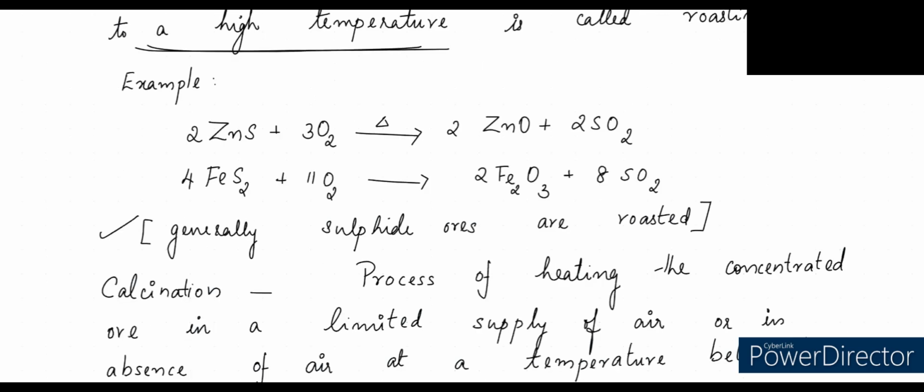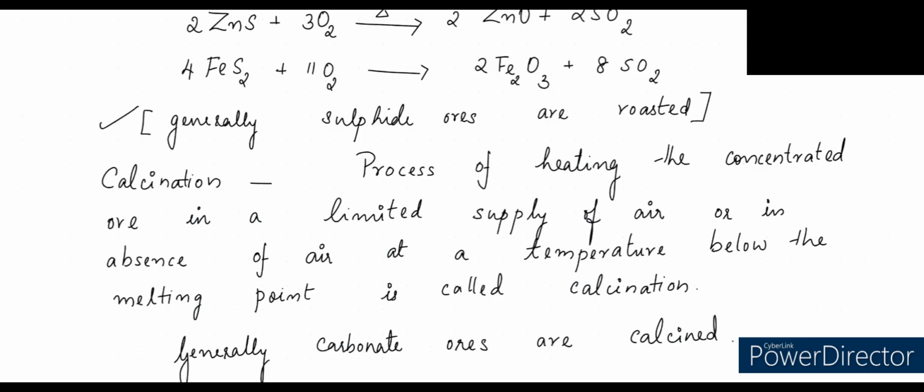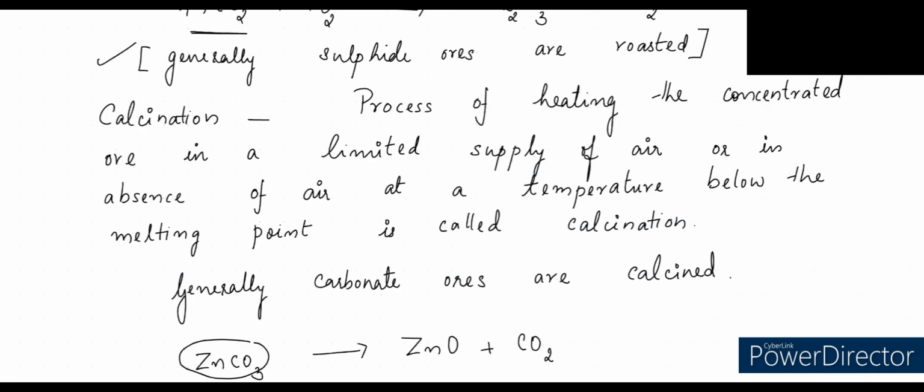The second process which we need to study, which is for carbonate ore, is calcination. The difference between the ores used in roasting and calcination is, in roasting, the ore does not have any oxygen, whereas calcination is done when the ore has oxygen, like ZnCO3.